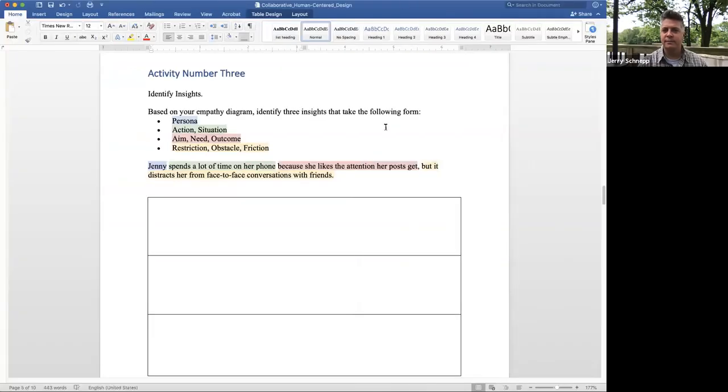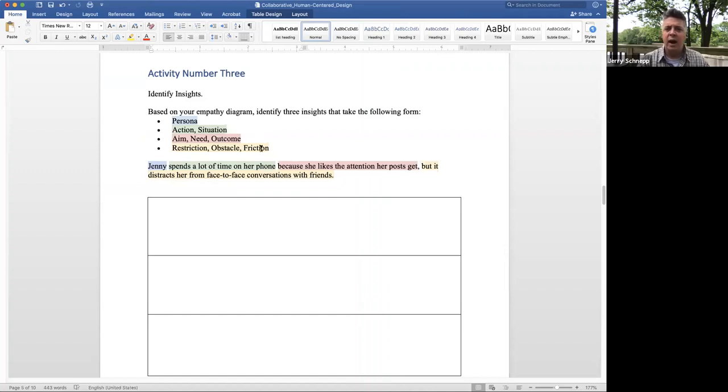Okay, so let's move forward to insights. And for this, I will share my screen real quick. So the next activity you'll see, this one's quicker than the last.